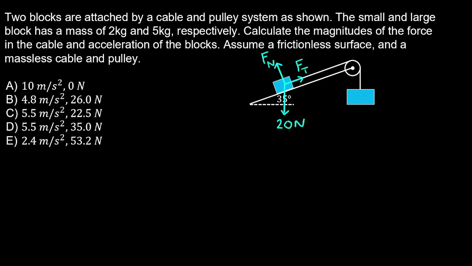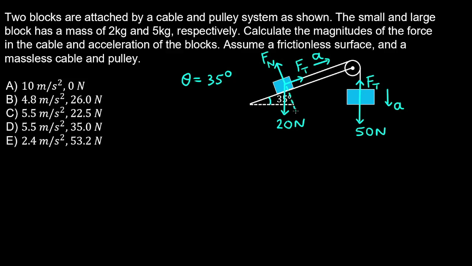And for the larger block, we have the force of weight being 5 kilos by 10 meters per second squared, and the tension force in the cable has a smaller magnitude. So this larger block will accelerate downwards, while this smaller block accelerates up the plane. And we'll note the angle of the plane over here as 35 degrees.